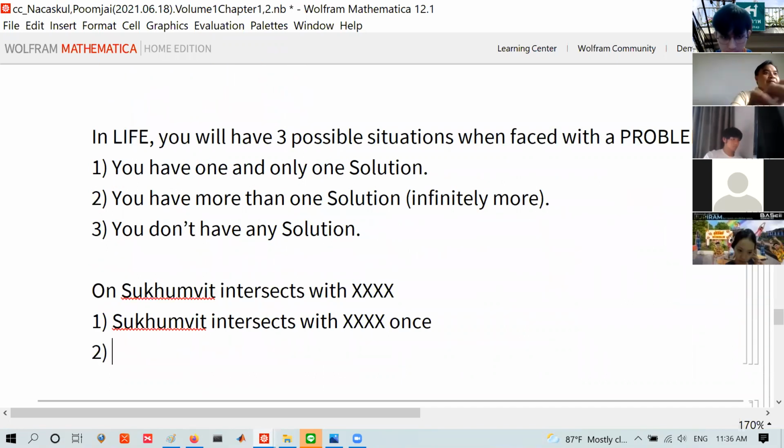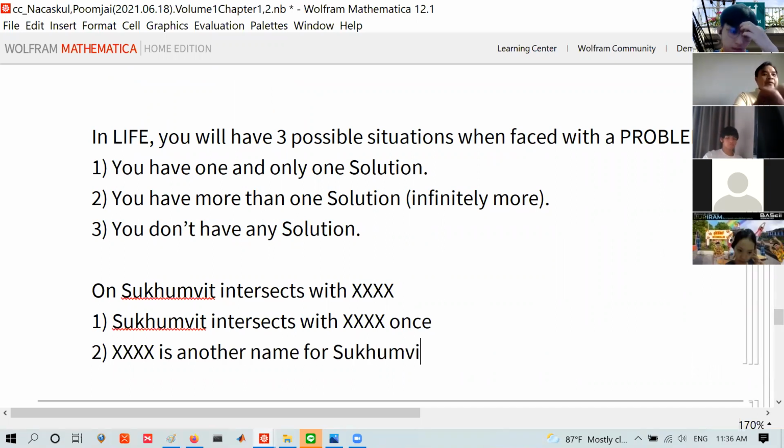Two, XXX is another name for Sukhumvit. Okay, in which case that direction is useless because it just says stay on Sukhumvit. You can never meet, but at least you have a place to stay.